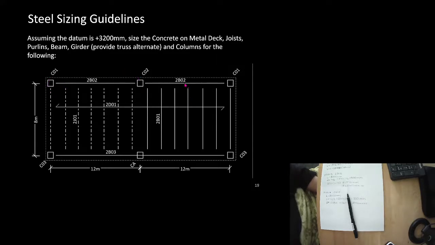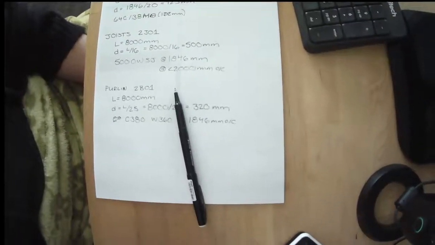That means that these beams must be the support for these open web steel joists and purlins. So that to me tells me they're doing the job of a beam. You know, it's more than a purlin, but it's not something crazy and heavy duty. So 2BO2 looks like it's a beam, or I would qualify it as a beam.